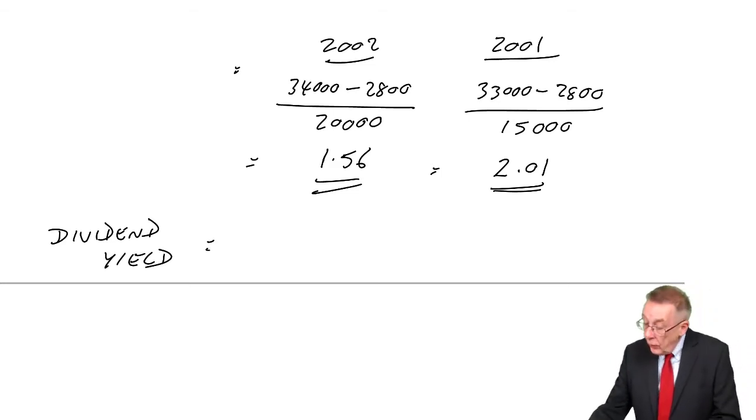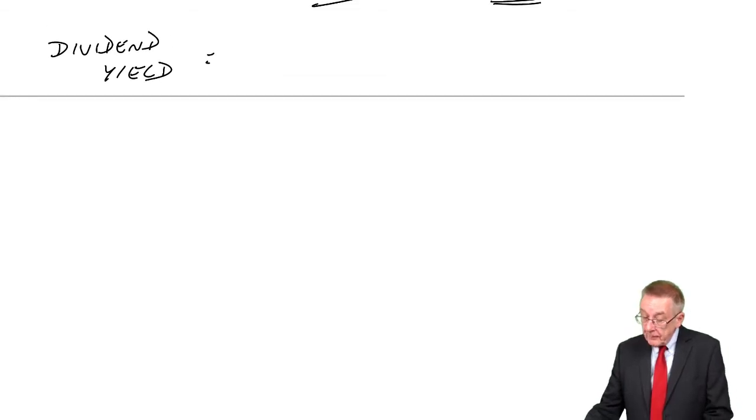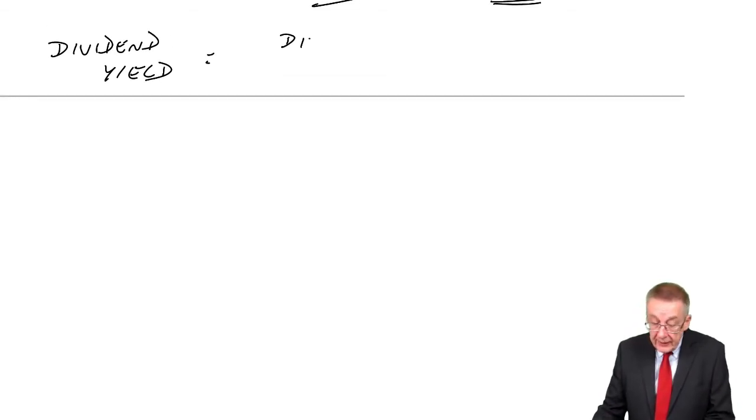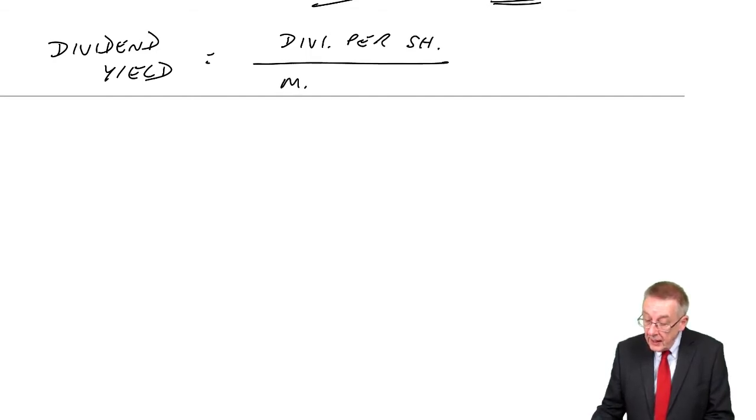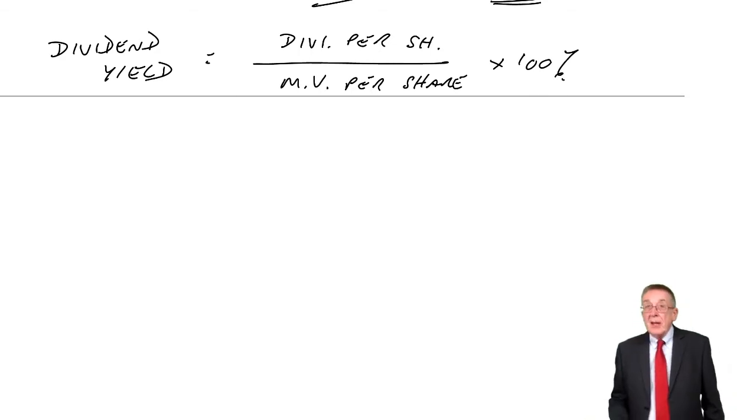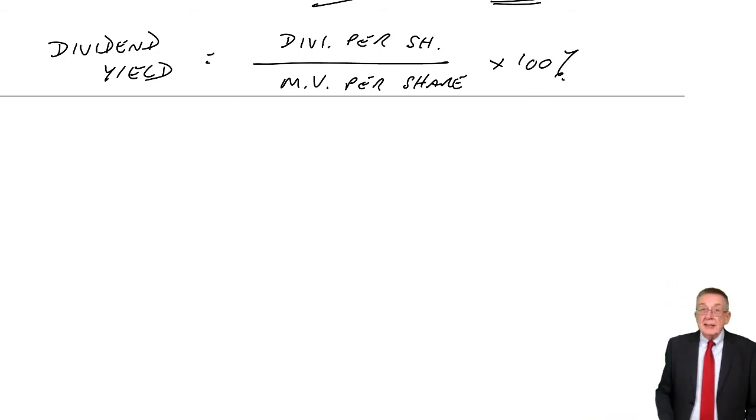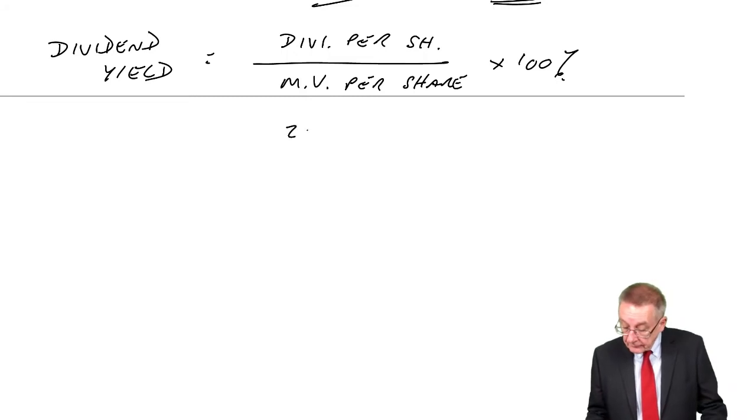Dividend yield. Again, we only look at this for ordinary shareholders, but it's the dividend per share as a percentage of the market value per share. Let's check the numbers and then see the relevance of it.